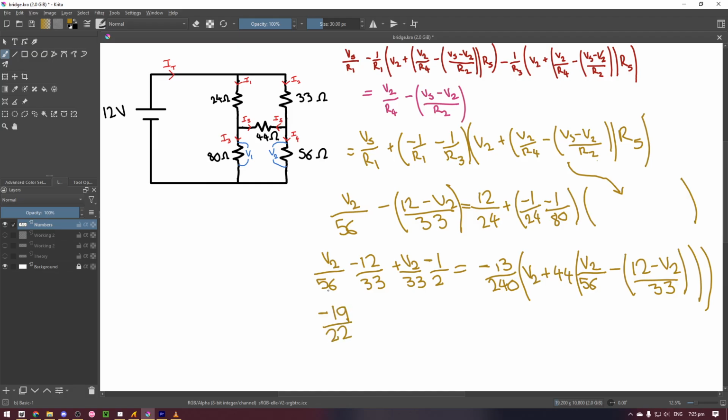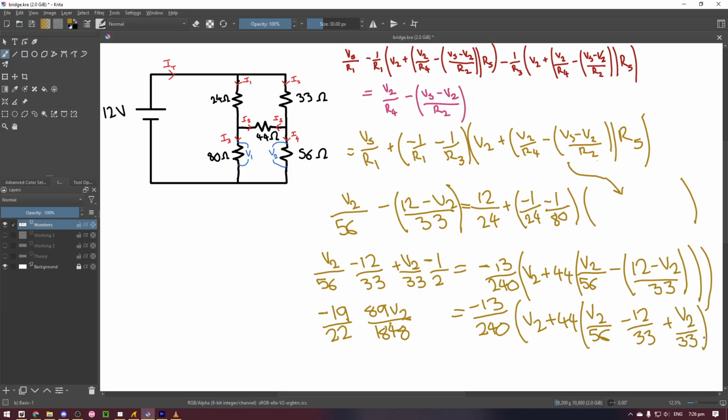And V2 over 56 plus V2 over 33 is 89 V2 over 1848 equals minus 13 over 240 V2 plus 44 V2 over 56 minus 12 over 33 plus V2 over 33.